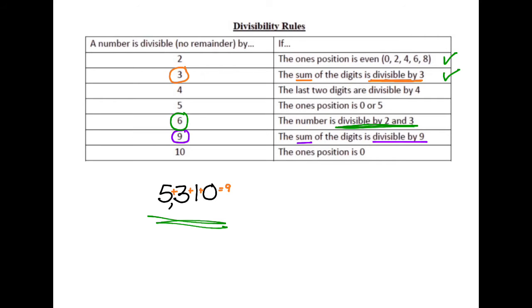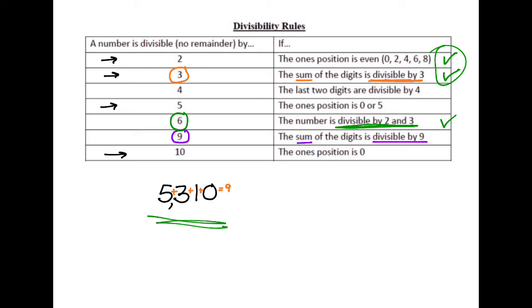We know it's divisible by 3 because the sum of the digits, the 9, divides by 3. So because both of these work, that means 6 works. That's one that you don't use very often, but it can be helpful if you're looking for bigger numbers. The ones that you're going to use a lot are 2, 3, 5, and 10.